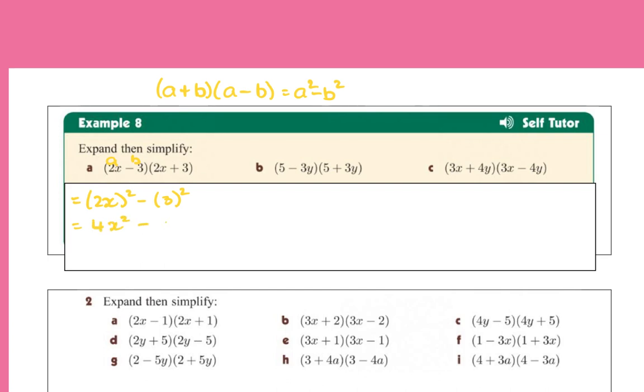So 4x squared minus 9. There's my A, there's my B. So I'm going to have 25, 5 squared, minus 9y squared.